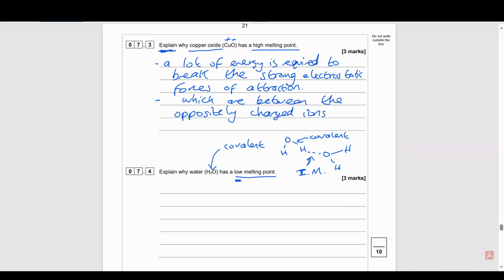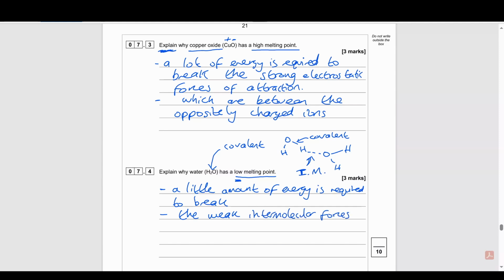But if a little amount of energy is required, then they're not strong, they're weak. So let's state that first. A little amount of energy is required to break the intermolecular forces. Now, where's our third point going to come from?